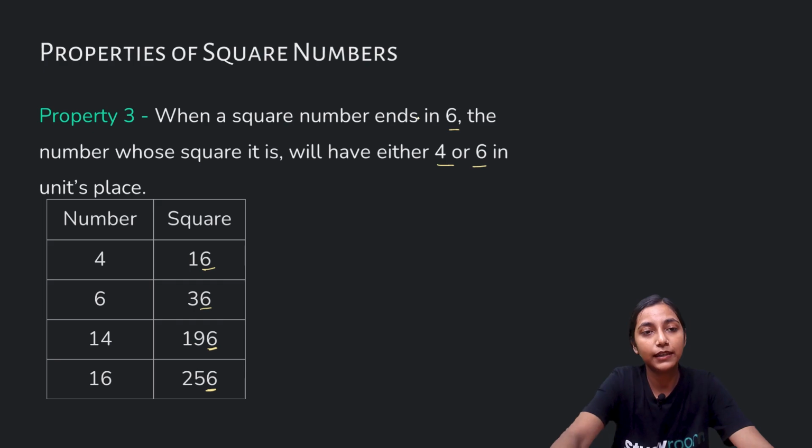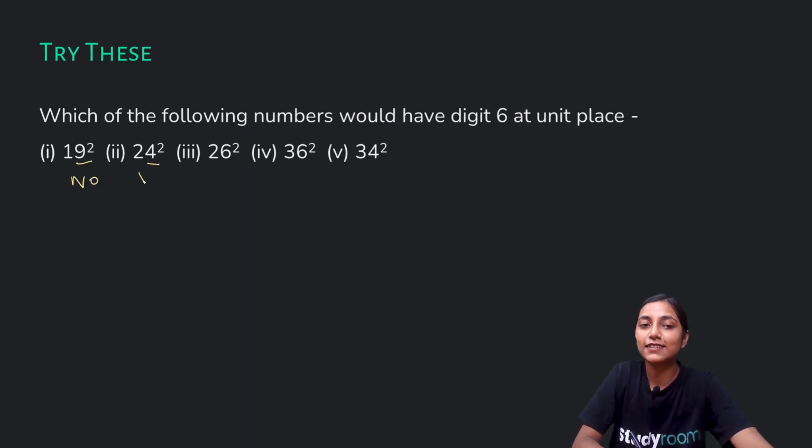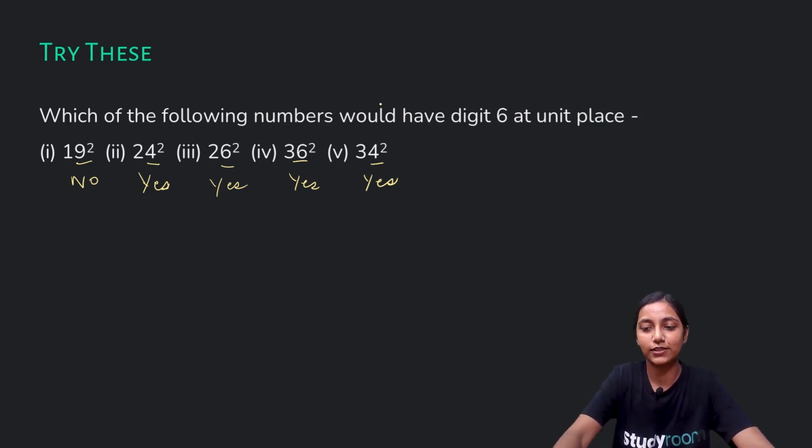From this property, those will be the numbers that have either 4 or 6 at the units place. 9, so no. 4, since the digit at the units place is 4, its square will end with digit 6. 6, yes. 6, yes. 4, yes. So this is how you use this property to solve such questions.